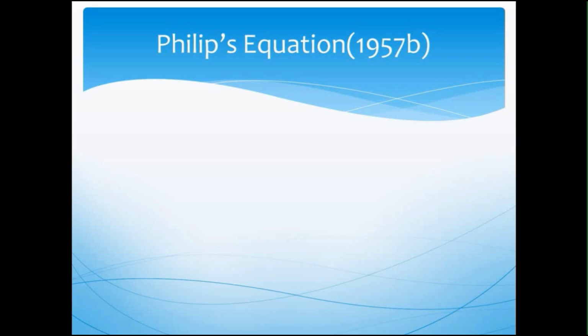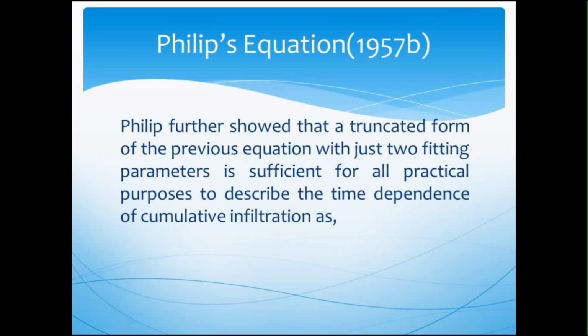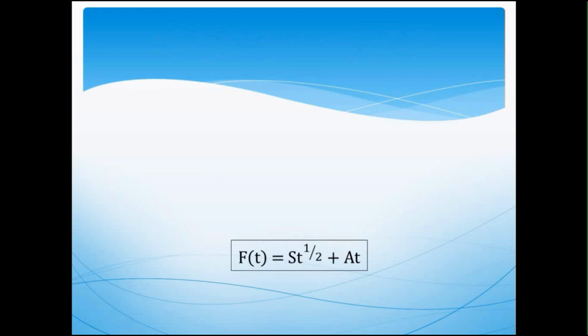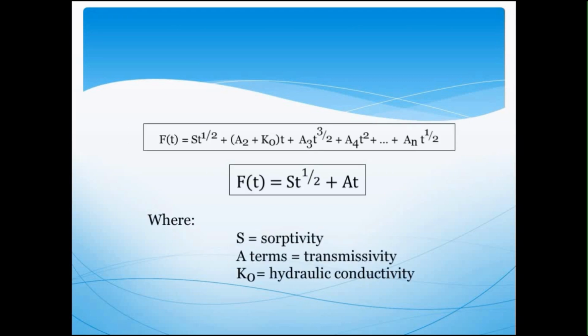In Phillips equation 1957b, he further showed that a simpler form of the previous equation with just two fitting parameters is sufficient for all practical purposes to describe the time dependence of cumulative infiltration. Cumulative infiltration equals S times t raised to 1/2 plus A times t, where S is the sorptivity, A is the transmissivity, K is the hydraulic conductivity, and of course t is the time.